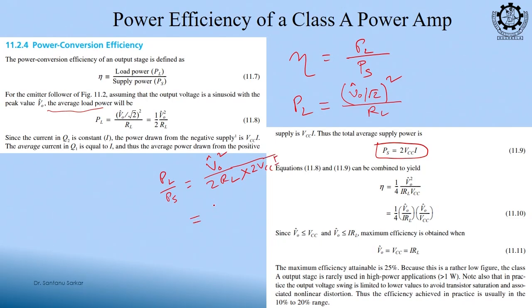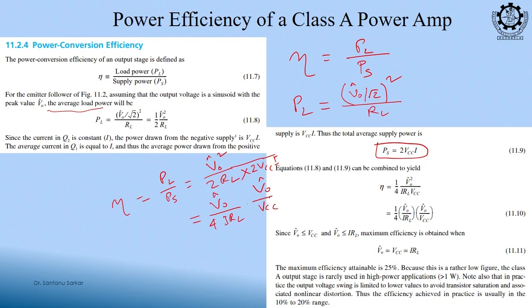is equal to V0 by 4 into V0 by IRL into VCC. Okay. Now, assume what could be the maximum efficiency.